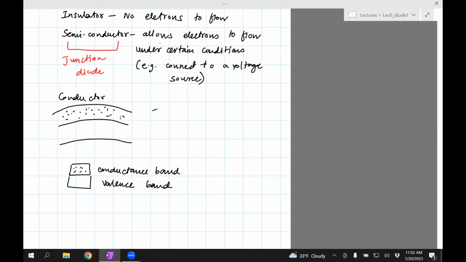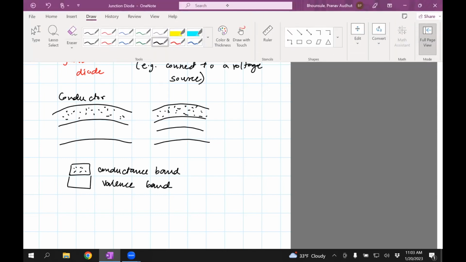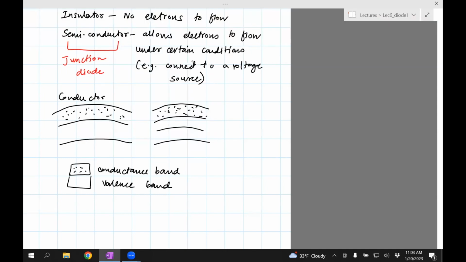For an insulator, what happens is there are actually three bands. There is the conductance band, there is the valence band down below, and then there is an in-between band, which is known as the energy gap.